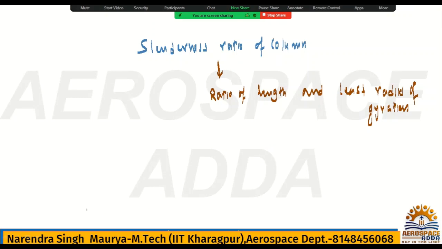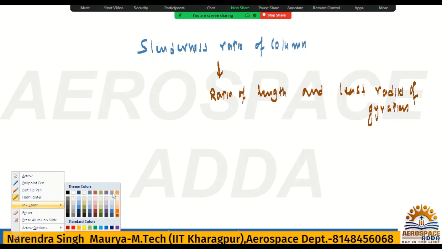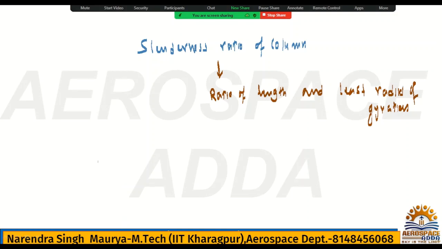If you remember the critical load, this is the derived formula. We need to derive this generally, but here I am not deriving it, I am writing it directly: the critical load PCR is equal to, with the equivalent length LE square.